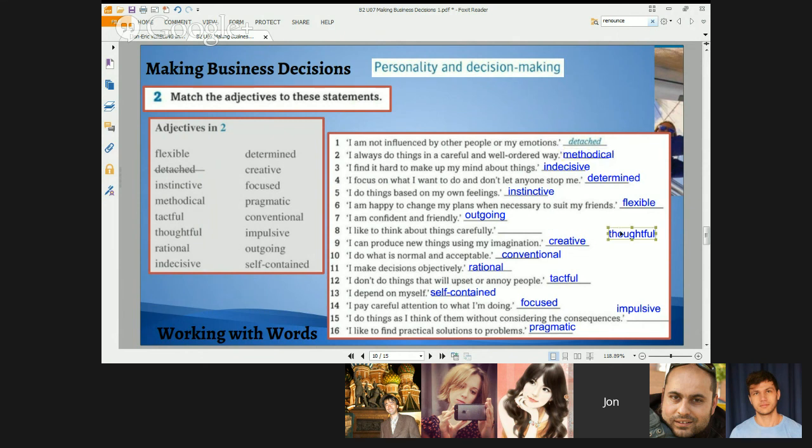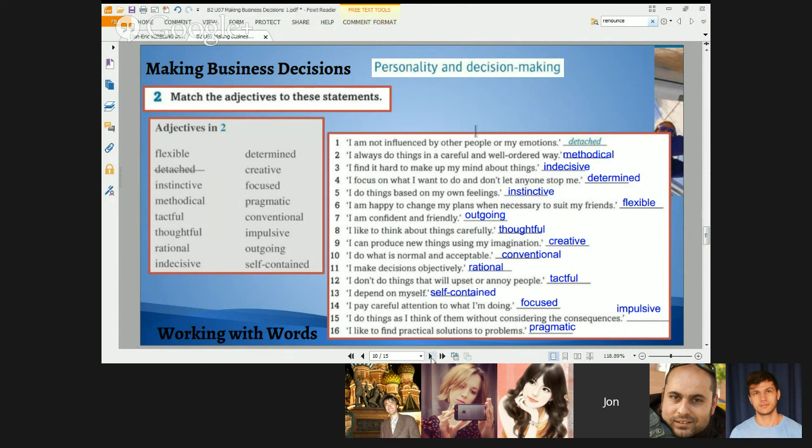I like to think carefully. Do we agree? Yes, number 8. All right. I think we got it now. Methodical, indecisive, determined, right? Instinctive, flexible, right? Outgoing, thoughtful, creative, conventional, rational, tactful, self-contained, focused, impulsive, and pragmatic. Okay, now we got it. It's 100% correct. There we go.